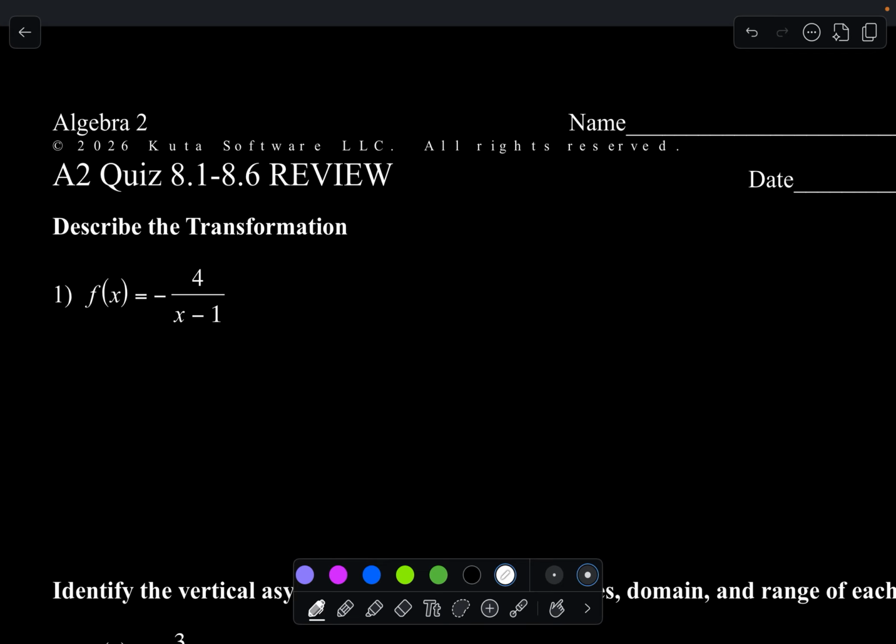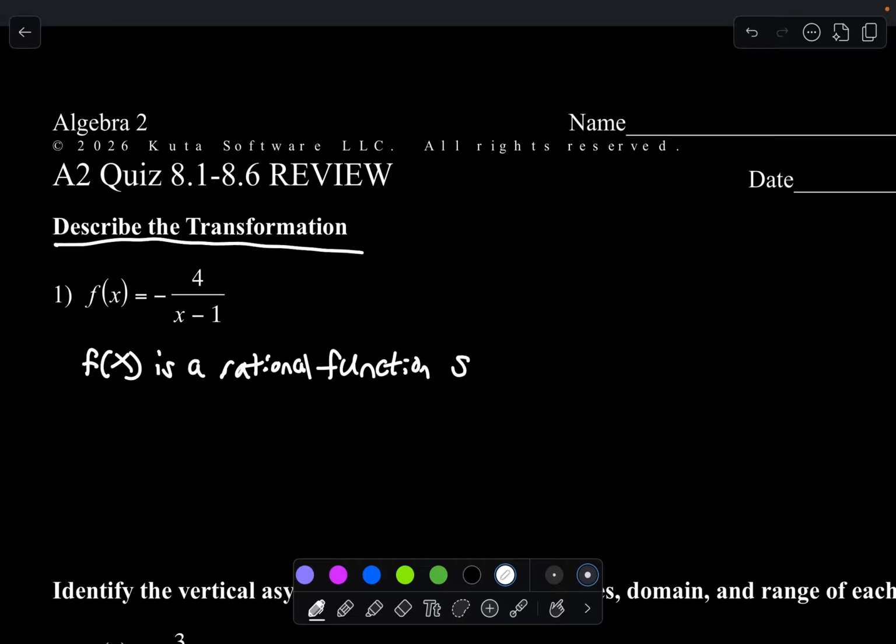So here we go. All this is, in words, describe the transformation shown. So f of x is a rational function shifted right 1 unit.